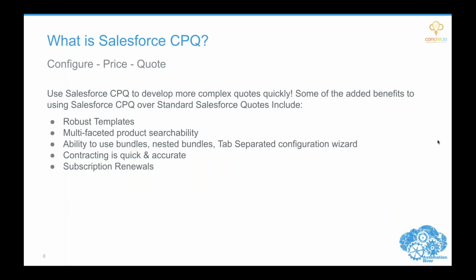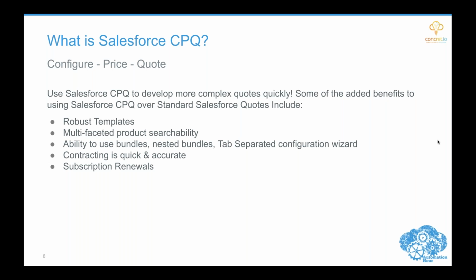All right, so before we get started, let's talk a little bit about what is Salesforce CPQ. This is Salesforce's tool for configure, price, quote, which includes assembling all of your products on a quote in an easy to use way for your sales reps.